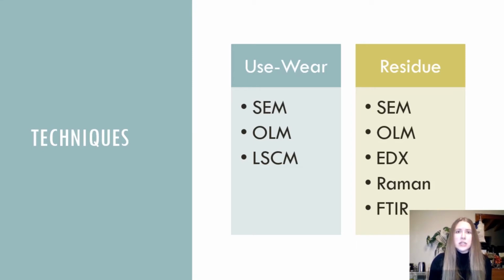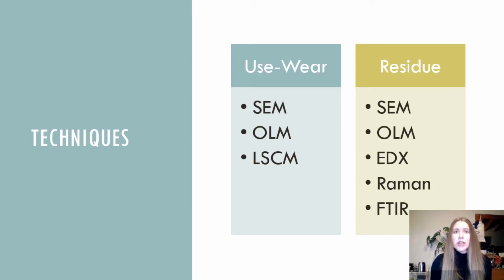A common technique for the identification of residues is EDX, or electron dispersive X-ray, which provides a signature for the elemental and chemical characterizations of a sample. Raman spectroscopy is another method of residue analysis using a light scattering technique to detect radiation emissions.